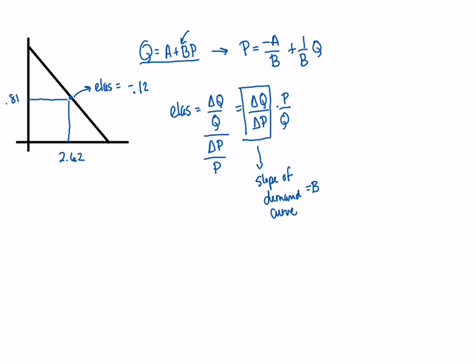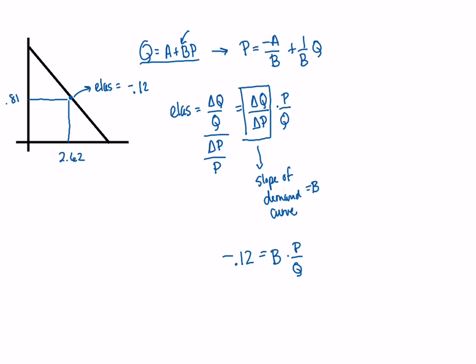Right? So if we have the elasticity at a particular point, then we can calculate what B is. If we know that the elasticity is negative 0.12, then that's equal to B, whatever B is, times price over quantity.